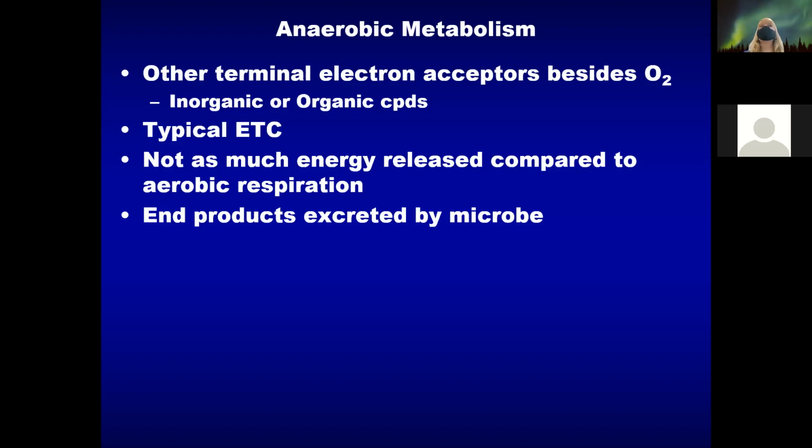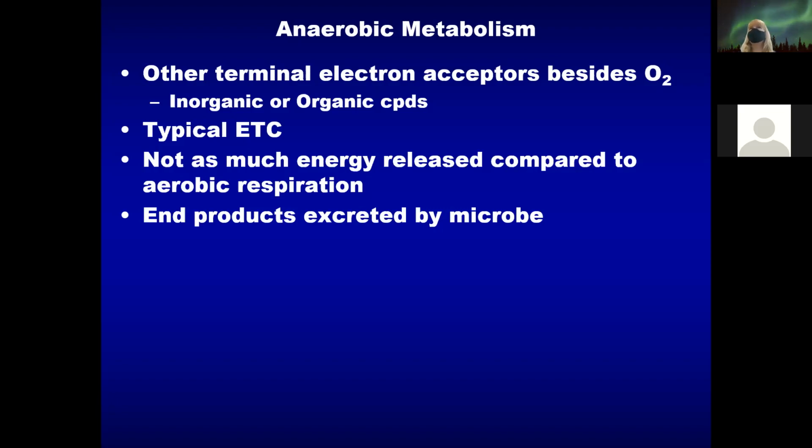So the microbes will do their modified electron transport chain process, with something other than oxygen sitting at the end. They still get a proton gradient though. They link it to a proton gradient. As the electrons are passing down the chain, there's enough free energy to pump protons across the membrane. So you still have that going on. And then the protons will diffuse back across through the ATPase, and you'll get your ATP being produced.